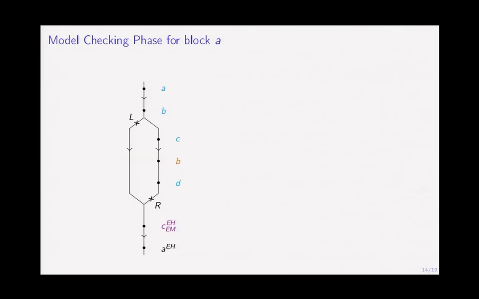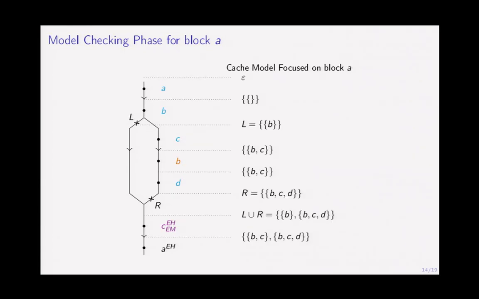So here is how it works on our program. We start from the empty cache set. Then when accessing A, the set of younger blocks is set to empty because there are no blocks younger than A, because A is at the most recently used position.